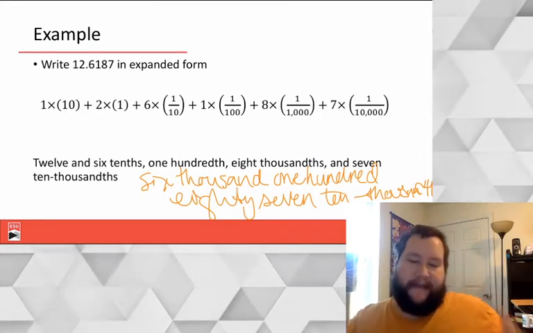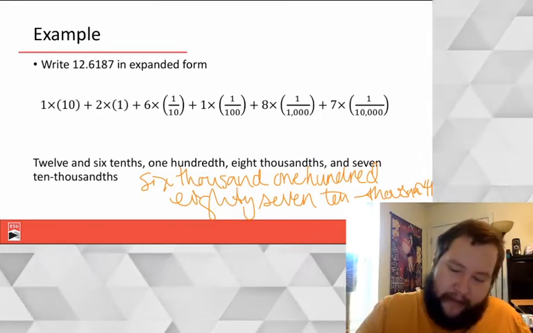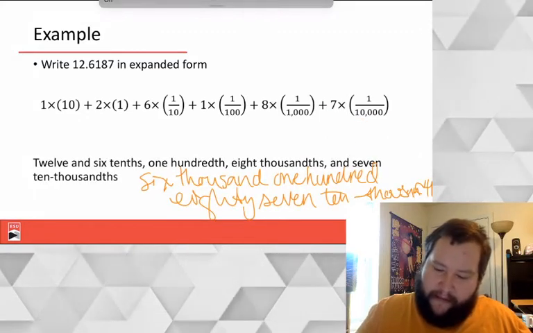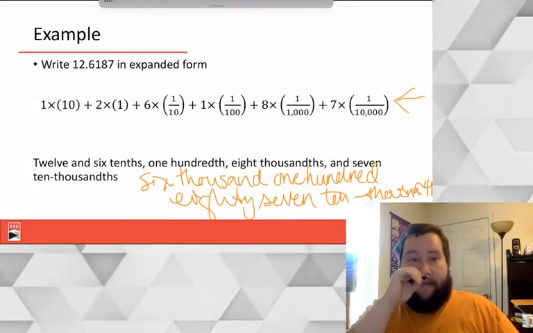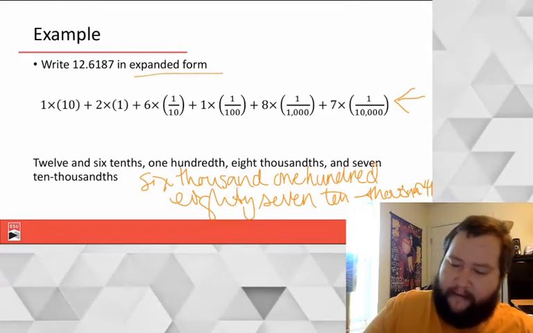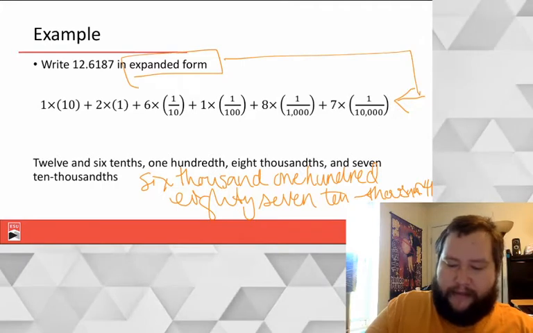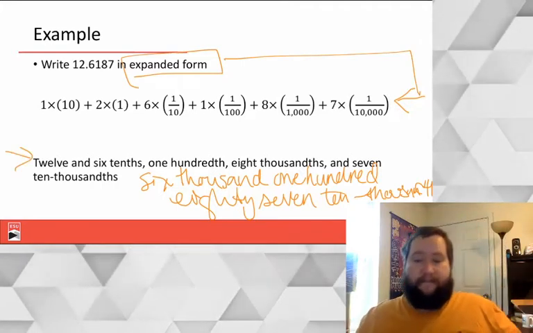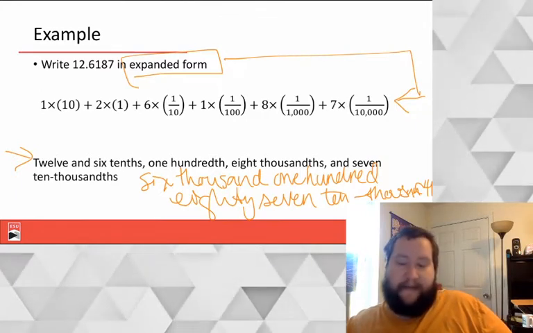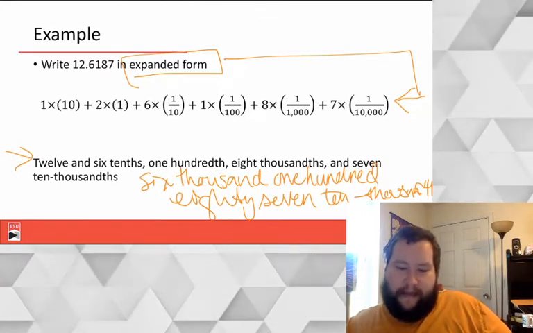But when I'm talking about expanded form, I'm generally referring to this number at the top. So let me get my pen out. So we have something like that there. That's what I'm talking about when I mean expanded form. You don't need to put it in words unless I ask you, I'll say in words. Or I'll give you a word name and I'll say, give this to me in expanded form or decimal form or something like that.